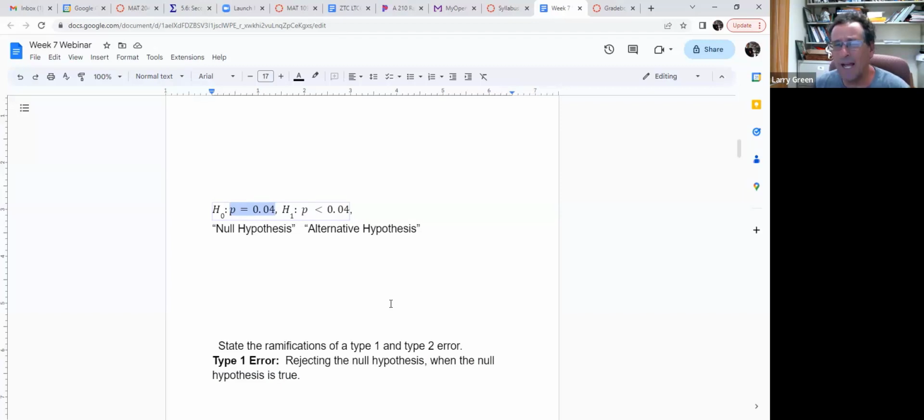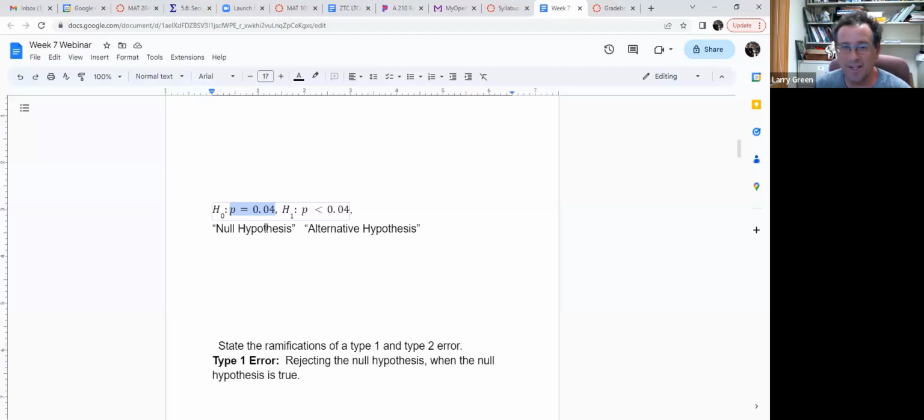What bad things would happen if they had a type 1 error? Any thoughts in this case for this COVID vaccination? Let's see if you can tell me what bad things would happen.